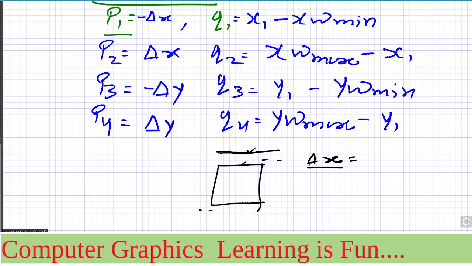Can you guess the value of delta x for this line? Let me tell you, delta x is x2 minus x1 only. This point will have x1, y1, x2, y2. So what will be the delta x here for this particular line? Am I audible?